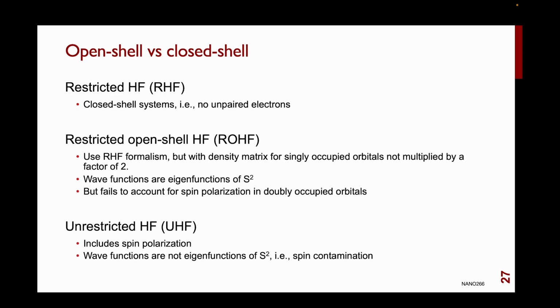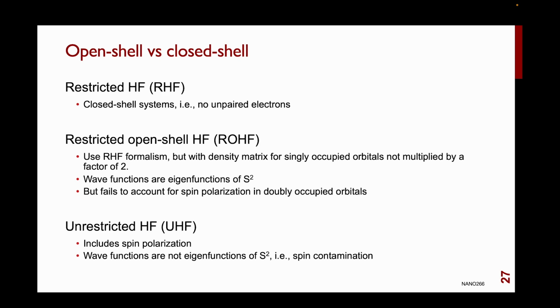You basically have 2 electrons in the molecular orbital, and your electrons are paired up in the low energy state with opposite spin. Okay, so those are called closed shell systems. And for those, you will do what is called the restricted Hartree Fock approach, where you essentially treat all the shells as closed.